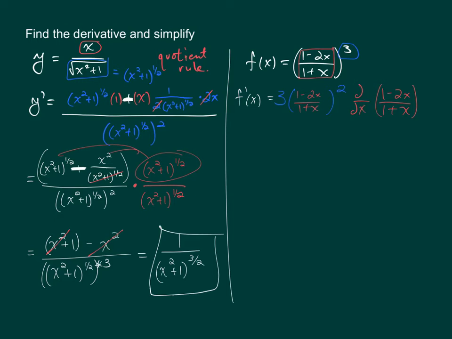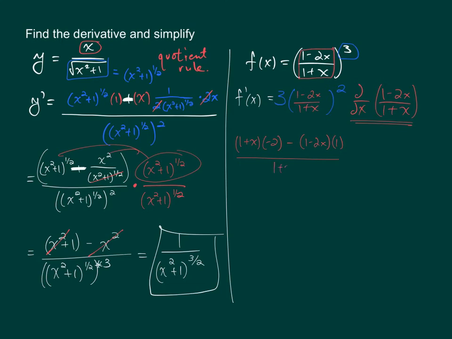All right. So I'm just going to go through and figure this out really quickly in its own little scratch world over here. So the derivative of this is the denominator, 1 plus x, times the derivative of the numerator, which is -2, minus the numerator, which is 1 minus 2x, times the derivative of the denominator, which is 1, all over the denominator squared.